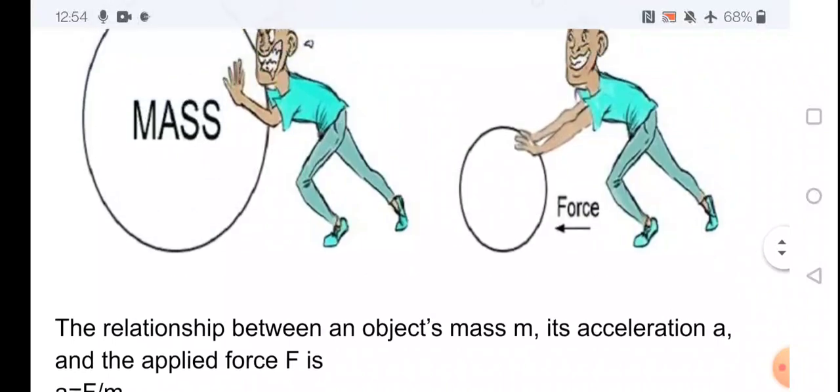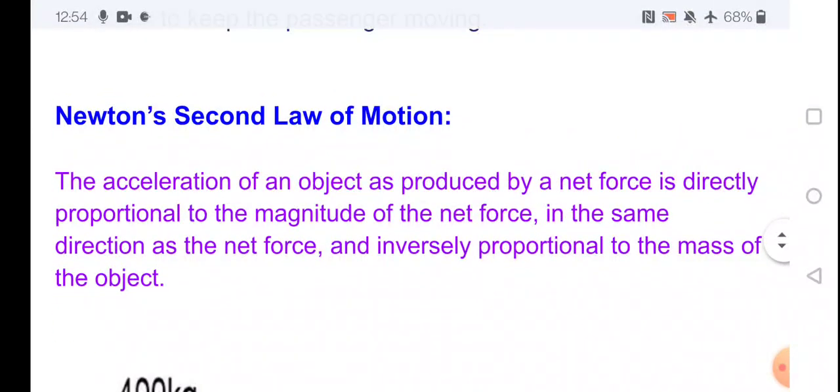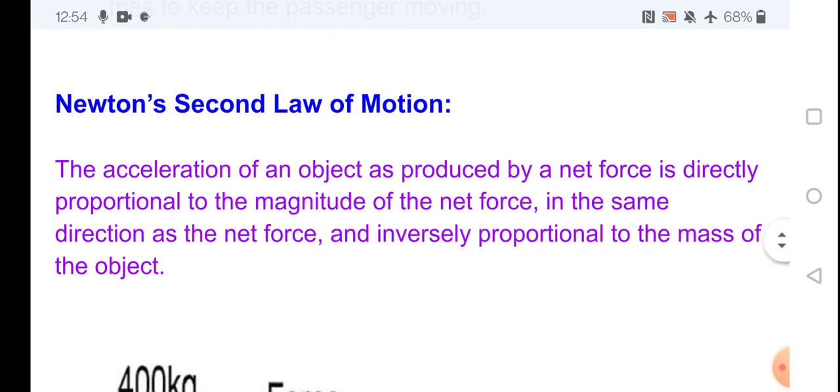That is, this statement can be written in equation form, that is, a is proportional to F by m, where F is the net force and m is the mass of the object.